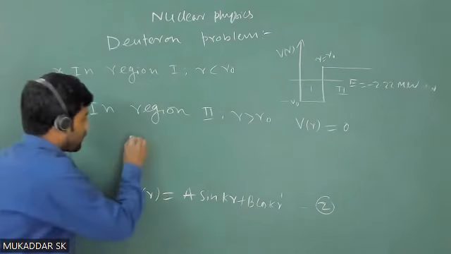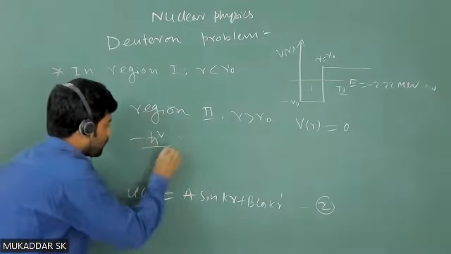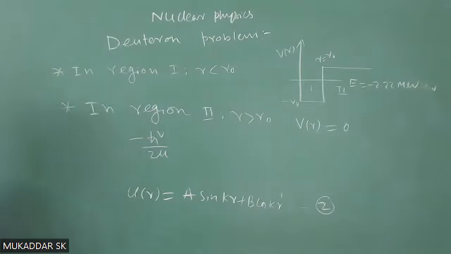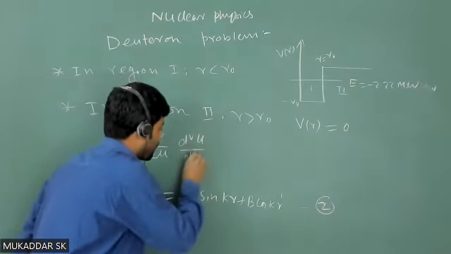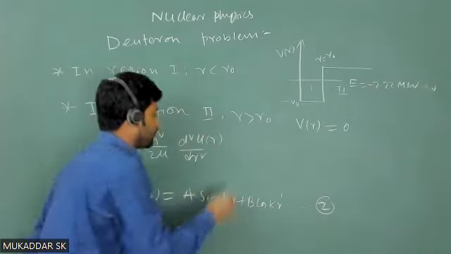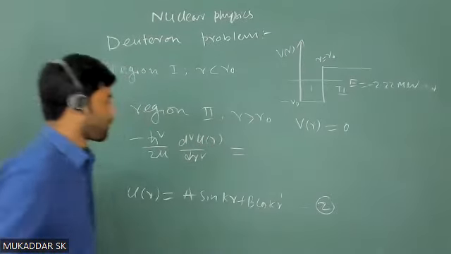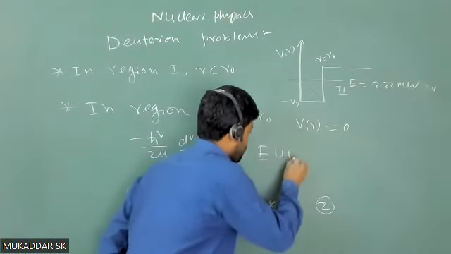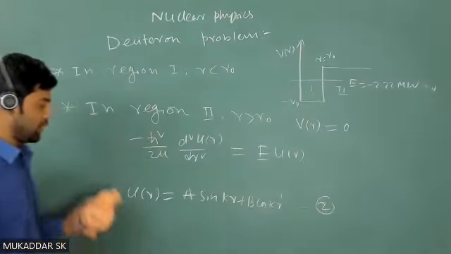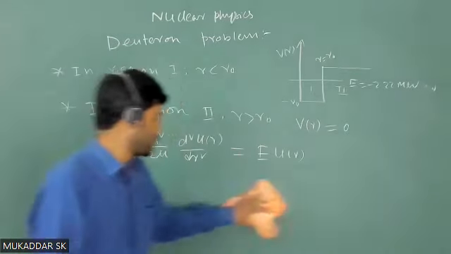It means your equation will be minus h cross square by twice mu, del square u by dr square, u of r, and that will be equal to E u of r, right?